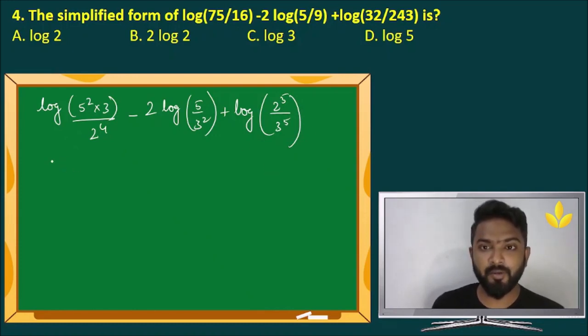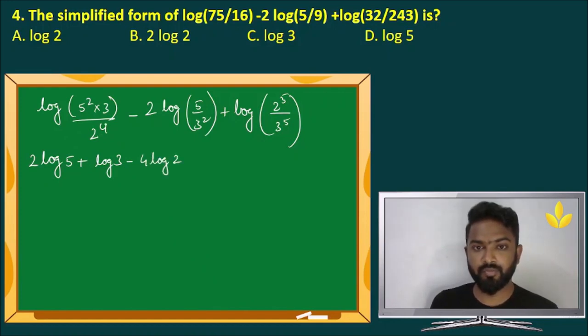Let's expand it now. We have 2 log of 5 plus log of 3 minus 4 log of 2, because this one is in the denominator, that is why minus. 2 log of 5 plus, because 3 square is in the denominator, so minus of minus becomes plus 4 log of 3.